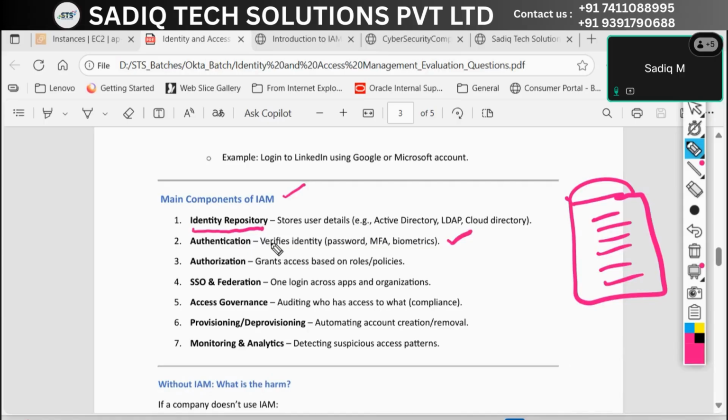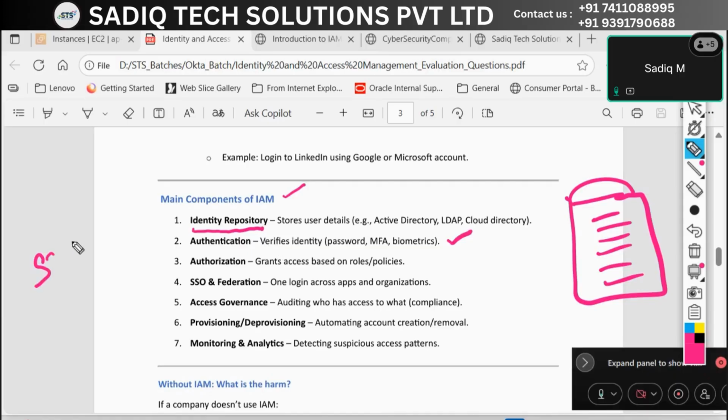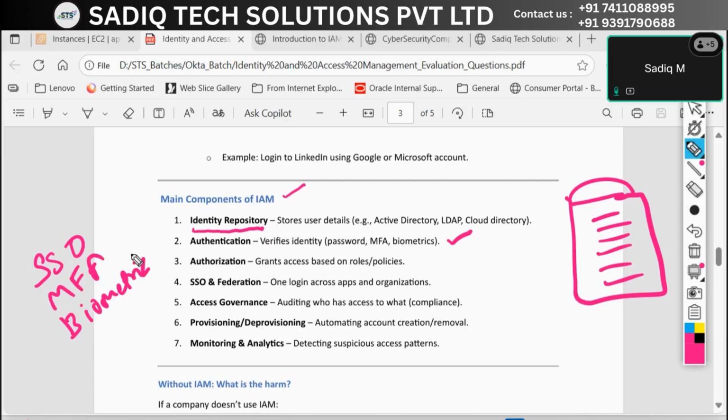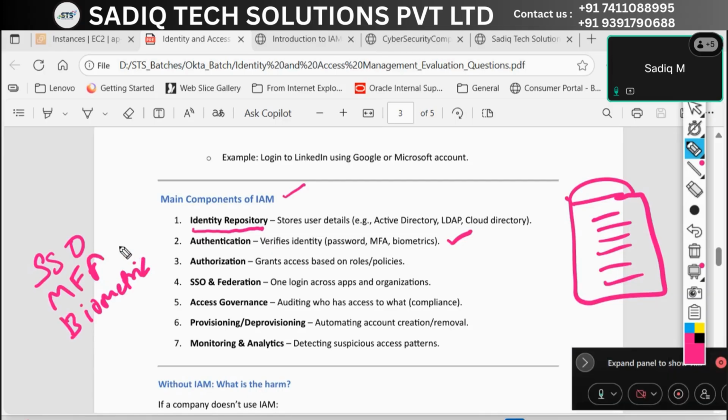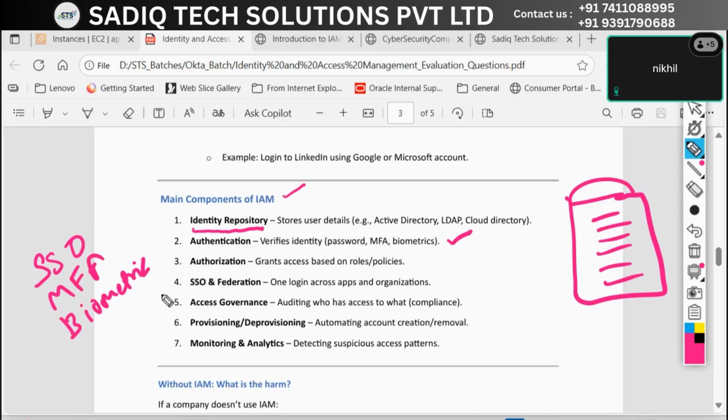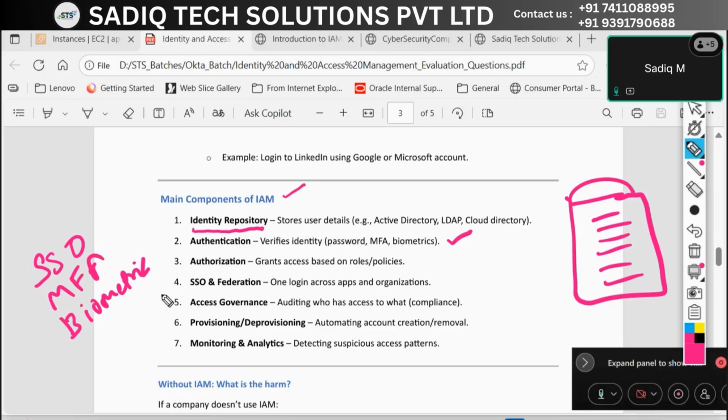There are various ways. We can have single sign-on, SSO. We can have MFA, multi-factor authentication. We can have biometrics. Even some companies use biometrics to enter the office buildings, right? You have to scan your fingerprint, and only then will it allow you to enter.